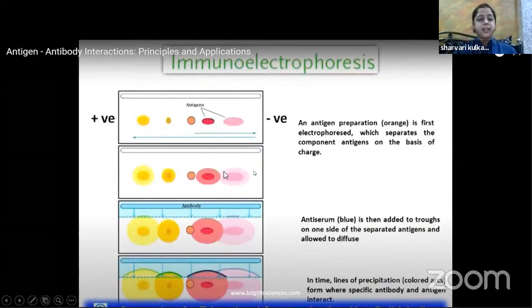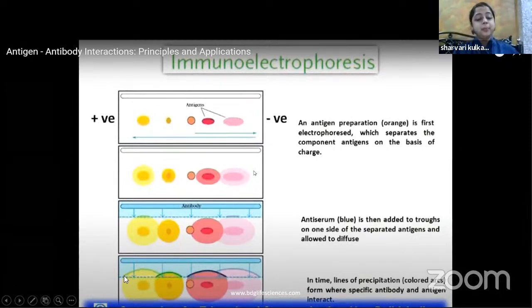After separation of antigens on the basis of charge, antibody is added to one side of the antigen, and then what will happen? This antiserum or antibody will diffuse towards the antigens which are separated on the agar.